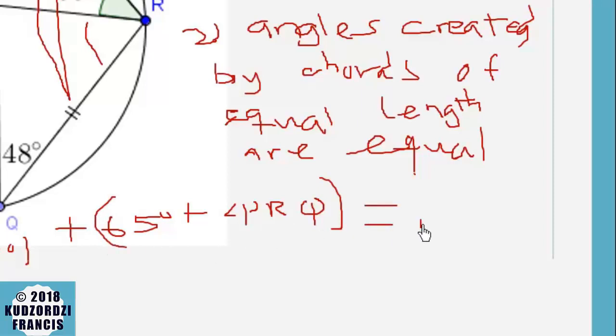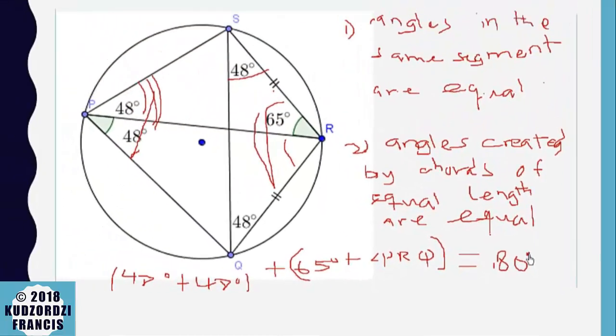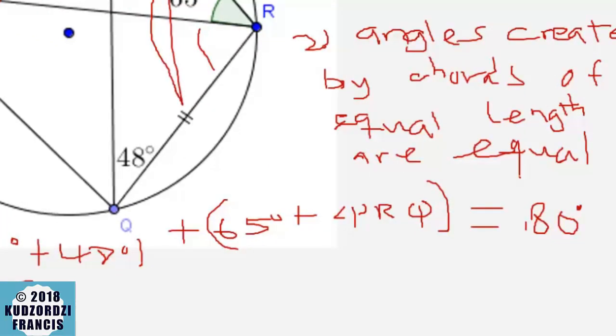Opposite angles of a cyclic quadrilateral are supplementary. So we solve this for angle PRQ.